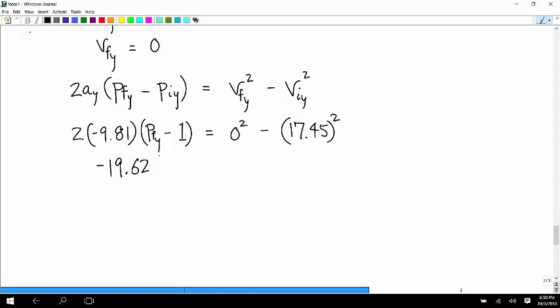And we have that times PFY minus 1. And that's equal to, what's 17.45 squared? 304.5. And that's negative.